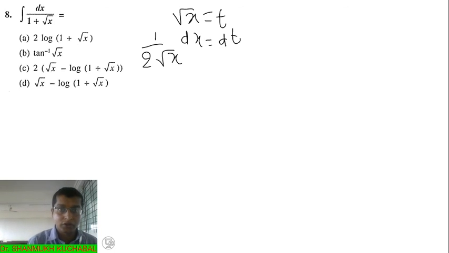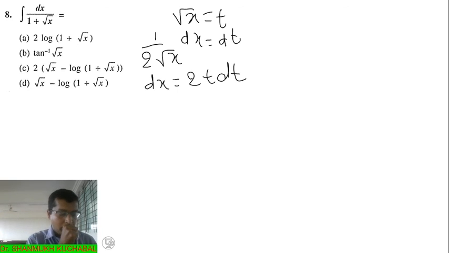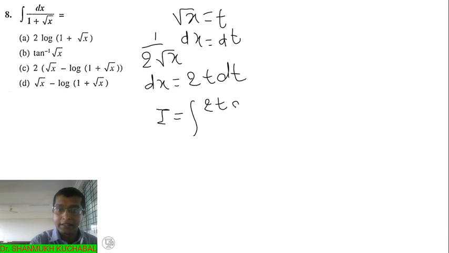So I write the solution for dx: dx equals 2 root x dt, that is 2t dt. These values we have to substitute in the integration. So integration I equals, dx means I can write 2t dt, divided by 1 plus root x, and root x is t.